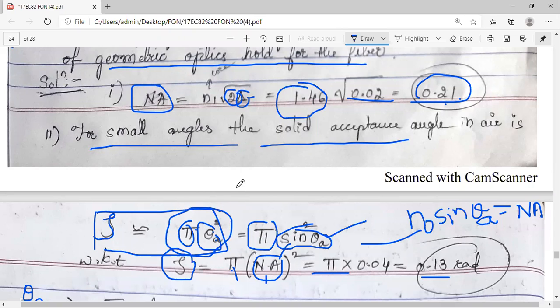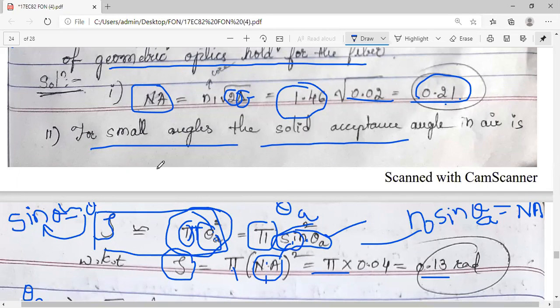So remember, this is the important thing. You simply don't consider it as theta a. You multiply it with pi into theta a square. Why have I taken sine here? You know this. We have taken this from trigonometry: sine theta is approximately equal to theta. So when I am taking theta, I can reversely take it as sine theta, so that instead of sine theta, I can use numerical aperture.